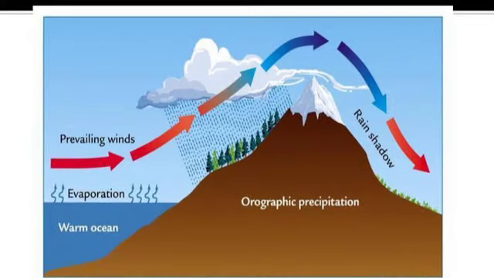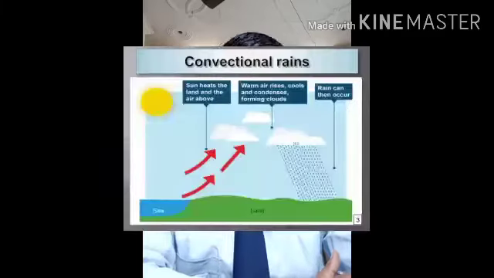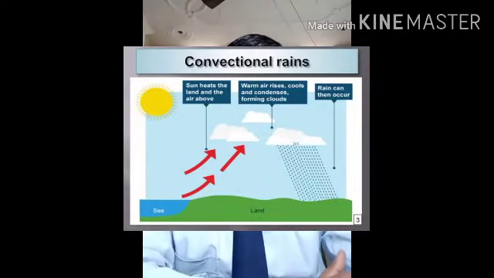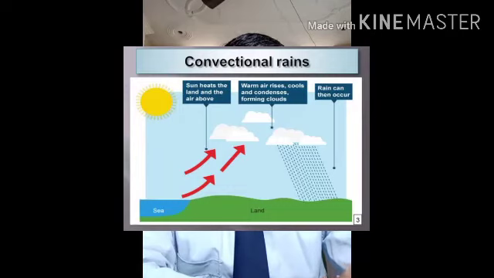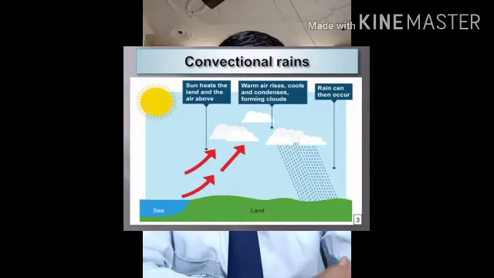And convectional rainfall usually happens when warm air goes upward and then the rainfall comes to the earth's surface.